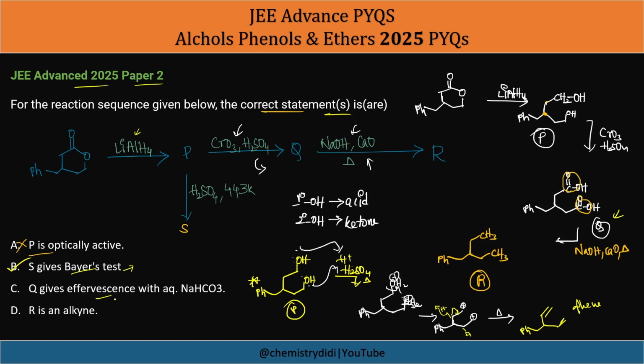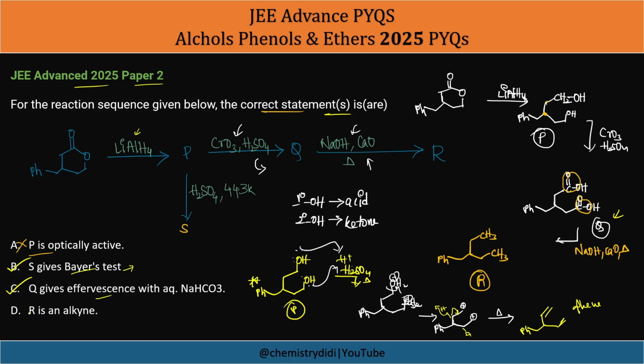Effervescence means bubbling; while releasing that CO2, bubbles will come up. Anyway, Q is an acid, so this acid gives effervescence when we react it with aqueous sodium bicarbonate. So that's why this option is correct.